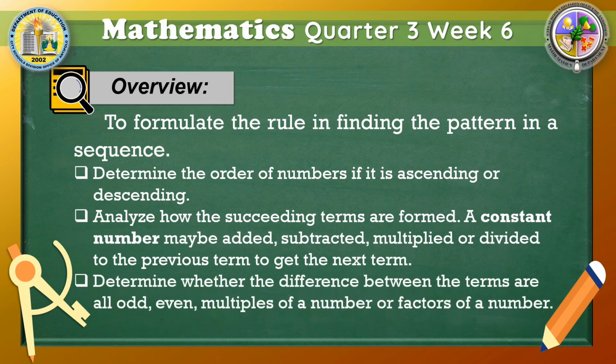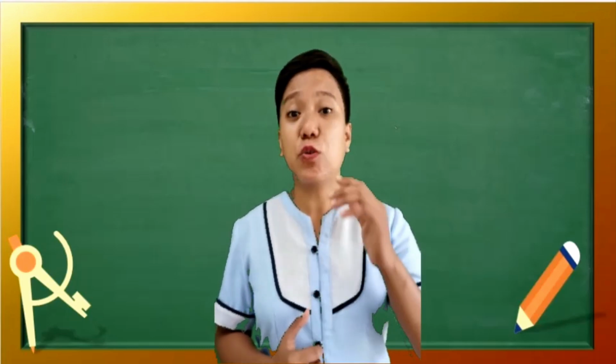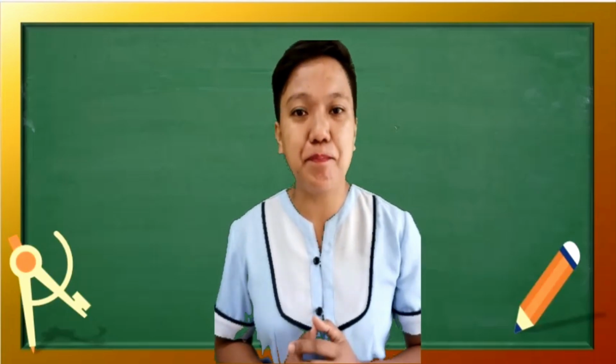Lastly, determine whether the differences between the terms are all odd, even, multiples of a number, or factors of a number. In this lesson, you will be provided with learning activities that will help you to find patterns in a series.